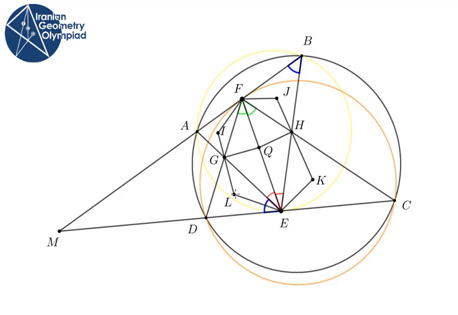And similarly, IL and FE must meet at P, because they must meet at harmonic conjugate of Q with respect to F and E.